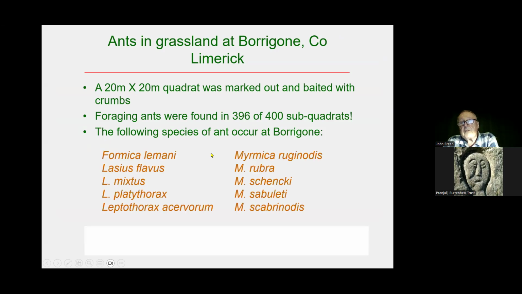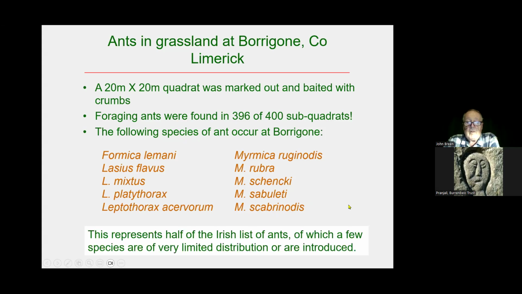There were 10 species. We don't have to go into them in detail now, but to get 5 species of Myrmica in a 20 by 20 quadrat in Ireland is fairly exceptional, but you should be able to find parts of the Burren where you'd find exactly the same list of species. So that means that about half of the Irish list of ants.